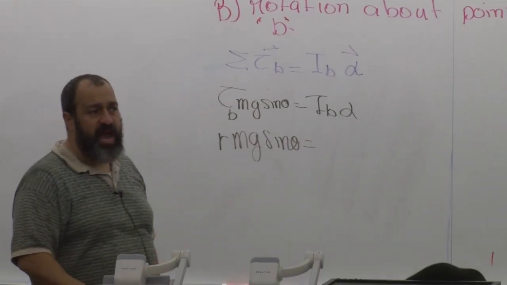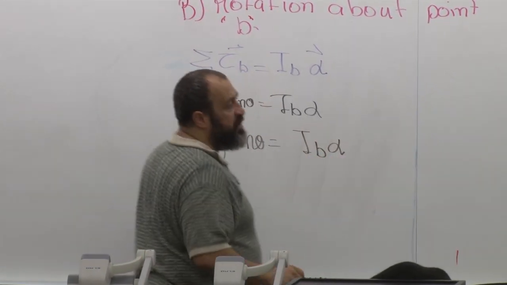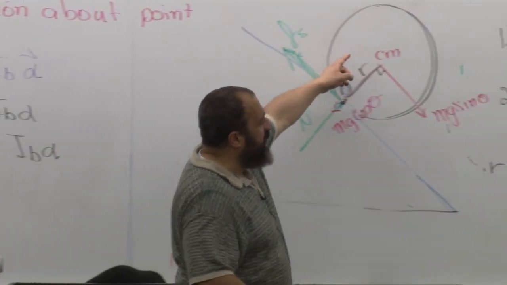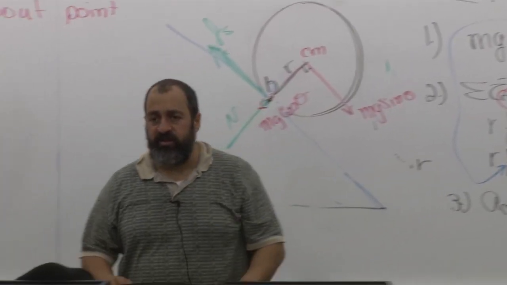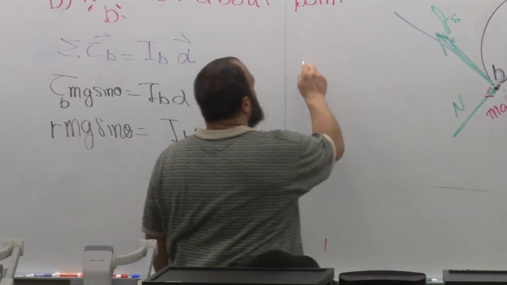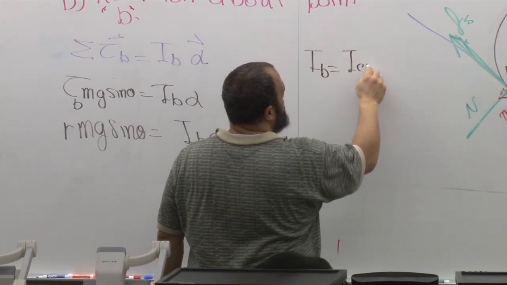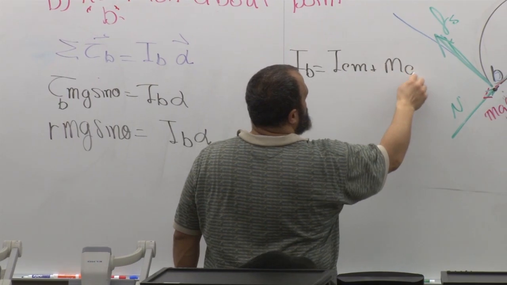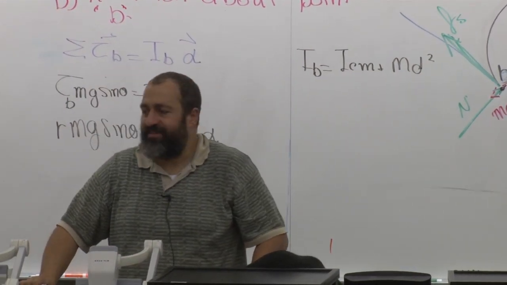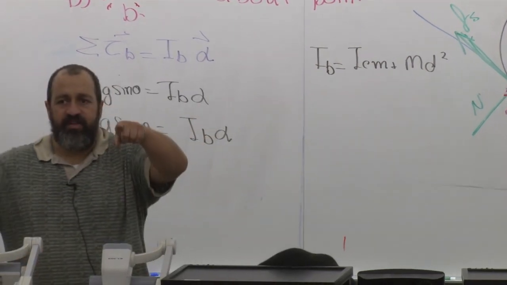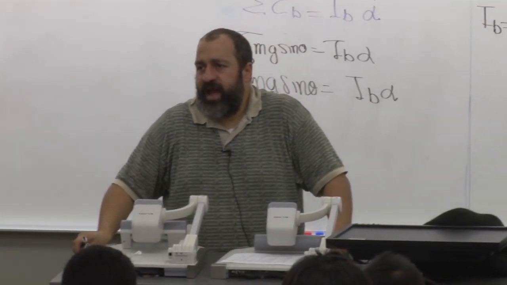Now, I about B, please pay attention. What is I about B? The moment of inertia about B times alpha. The I CM of this cylinder was mr squared over 2. What is I about B equal to? By the parallel axis theorem, I about B is I CM plus md squared. If you have the moment of inertia of an object about a center of mass axis and you want to find it about a different axis, as long as these axes are parallel, you can use the parallel axis theorem.